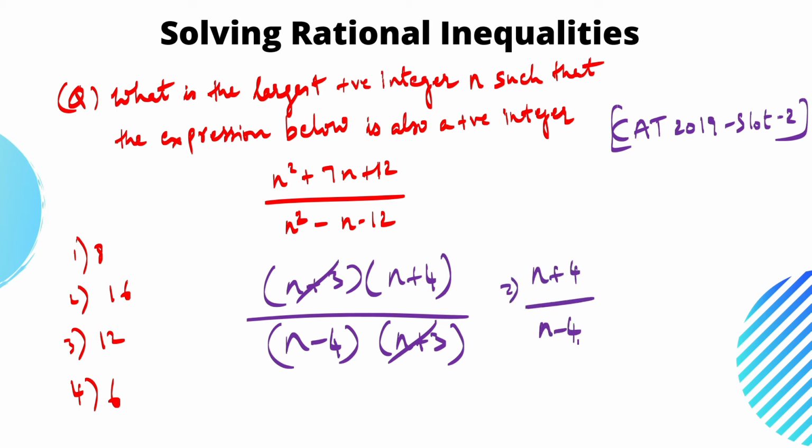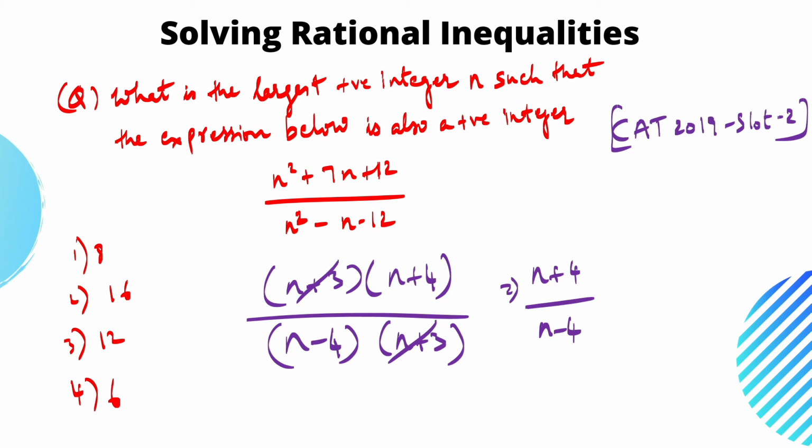So with n in both the numerator and denominator, it will be a problem for us. If we eliminate n in either the numerator or denominator, it would be great.